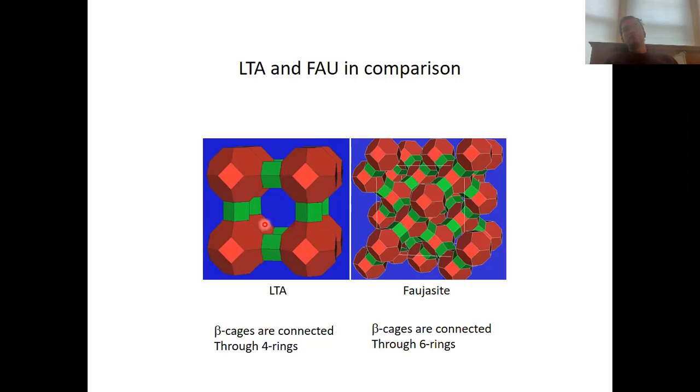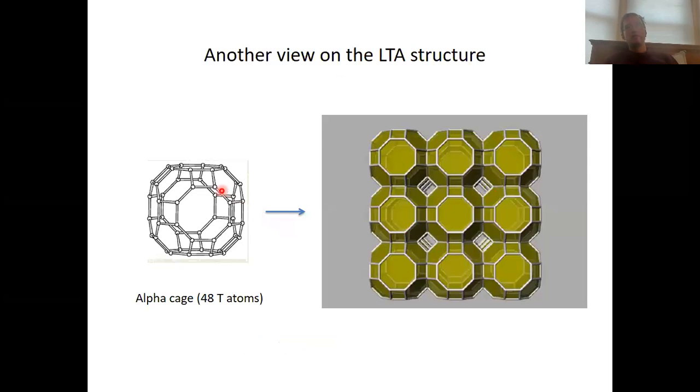Then you can describe the structure also in terms of the interconnection of alpha cages. In this view, you would fuse the alpha cages together via these octagonal faces, so these alpha cages would share these octagonal faces in 3 dimensions. This gives you a different perspective on the structure.